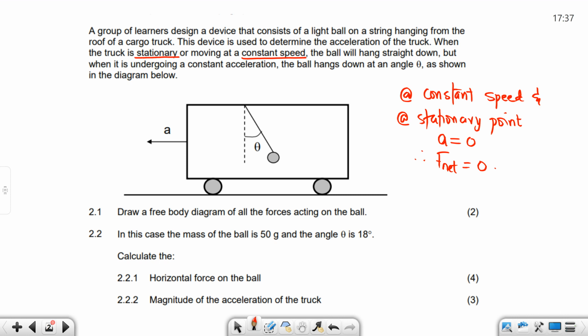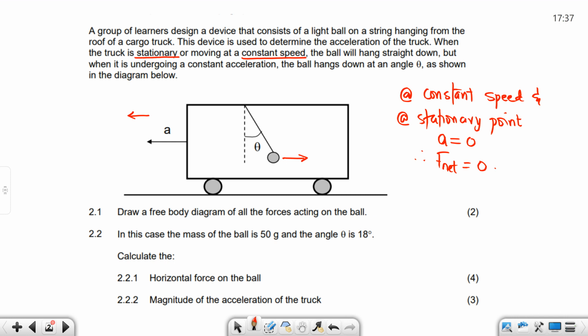But when it is undergoing a constant acceleration, the ball hangs down at an angle as shown in the diagram. What we need to check is, when the object is moving forward, like you see the arrow, why does this thing move backwards?